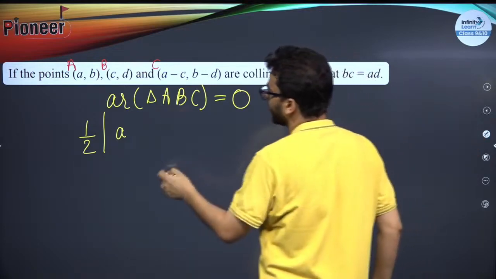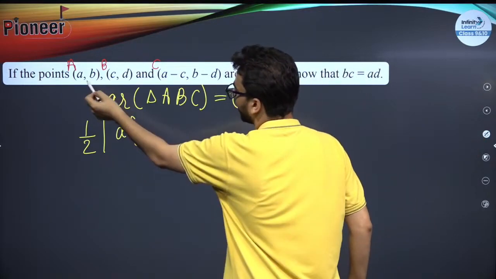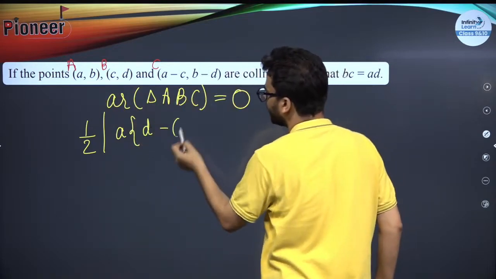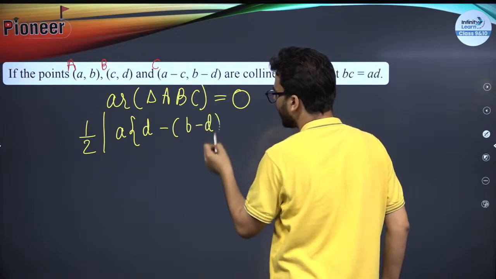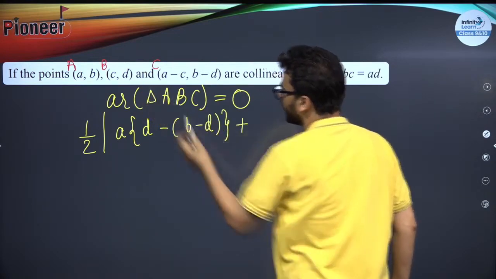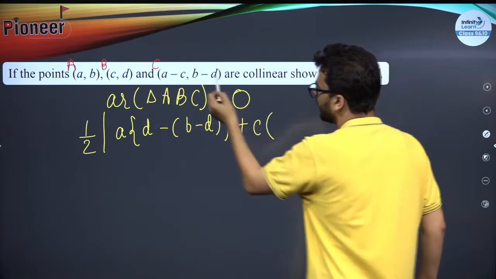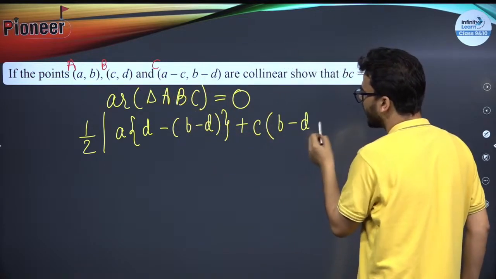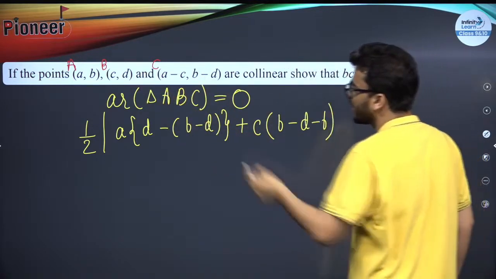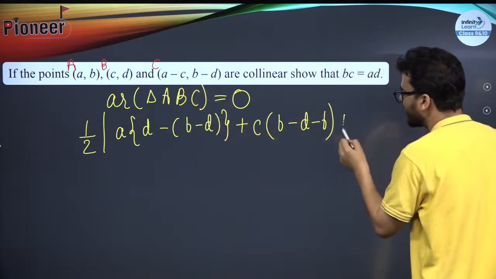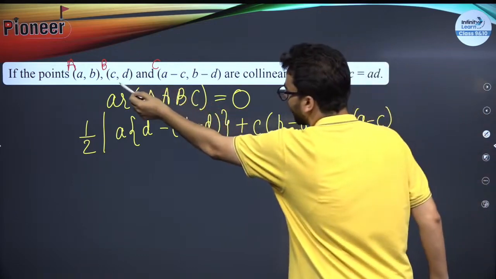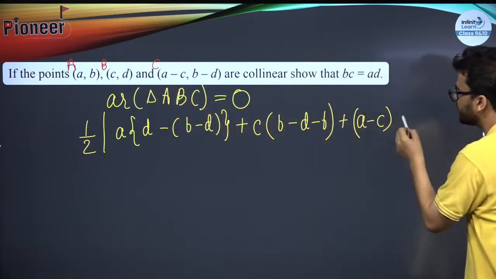So it is x1 (y2 minus y3), which over here will be b minus d, correct? Plus x2 (y3 minus y1), so it is b minus d minus b, and then it is x3, that is a minus c, x3 (y1 minus y2), so y1 minus y2 is b minus d.